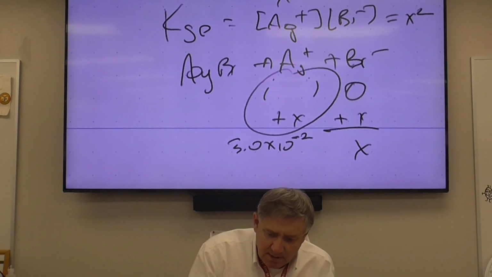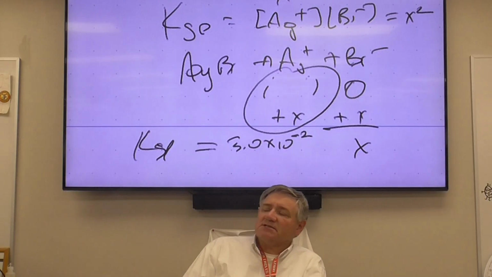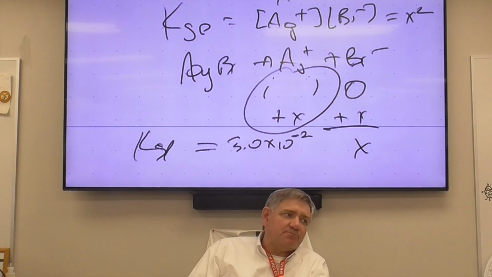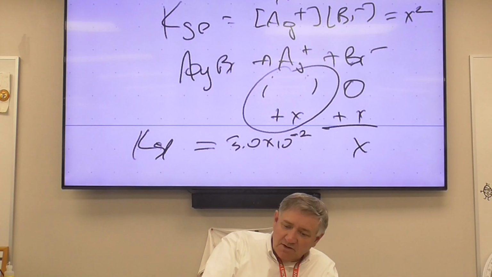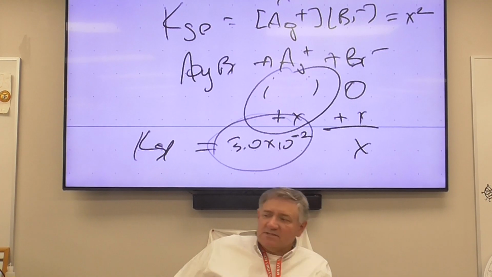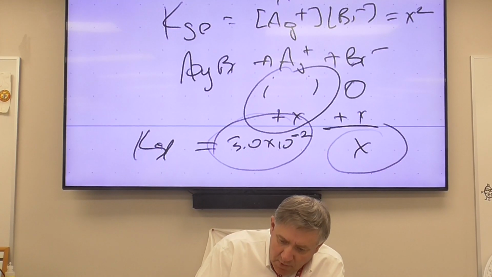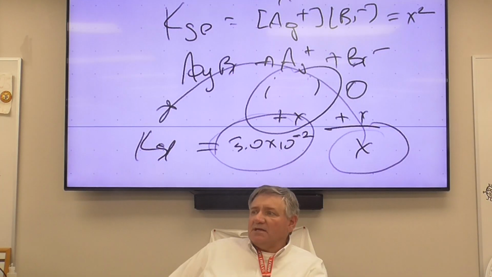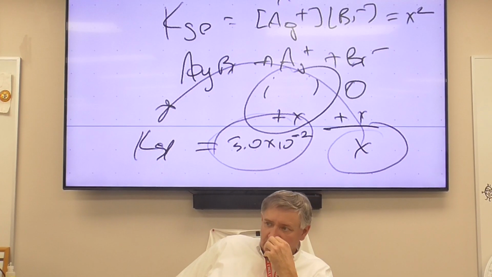Now, that together, multiplied, still has to equal the same KSP. But it's like a buffered solution. Since you've overloaded this thing with silver ions, it's going to take fewer bromide ions to get the same value of KSP. Okay?